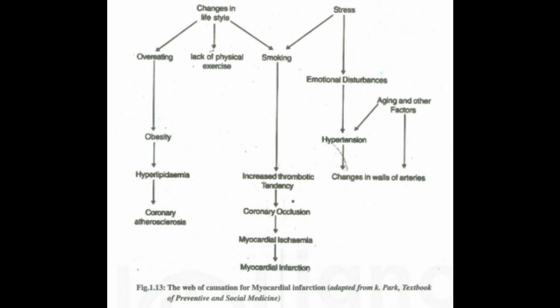This model suggests a variety of interventions like avoidance of smoking, diet control, exercises and regular checkups in cardiovascular disease, etc. Fig. 1.13. The Web of causation for myocardial infarction, adapted from Leigh Park, Textbook of Preventive and Social Medicine.